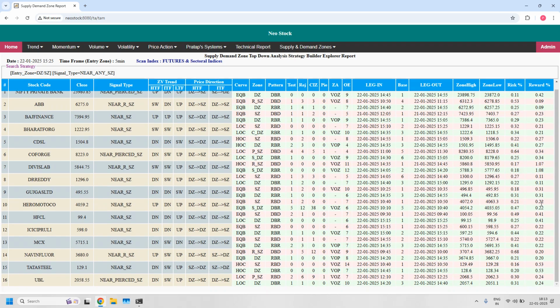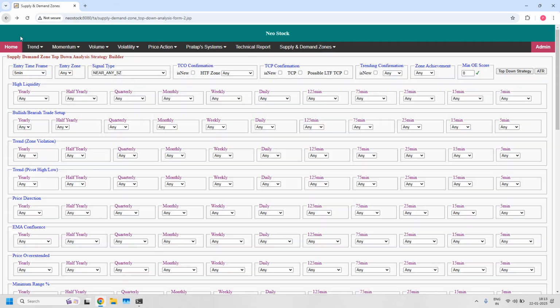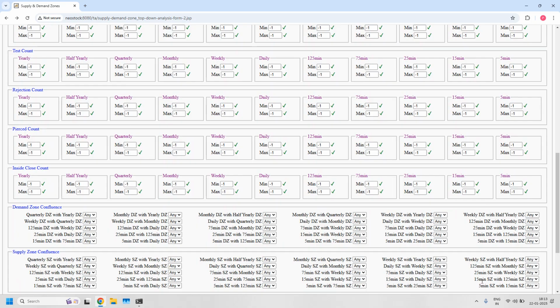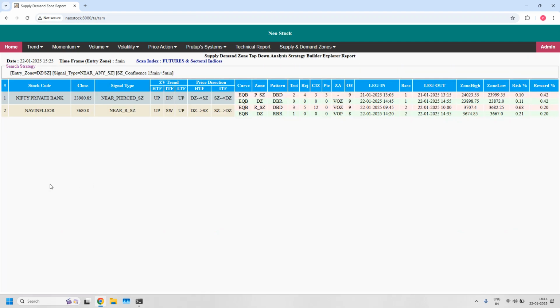Now let's verify how many of these 5 minute supply zones are having confluence with 15 minutes supply zone. I am adding the filter 5 minute supply zone confluence with 15 minute supply zone. With this filter, we got only 2 stocks. And in this, the first one is already pierced. Okay, this is about stocks near demand and supply zones for different time frames.